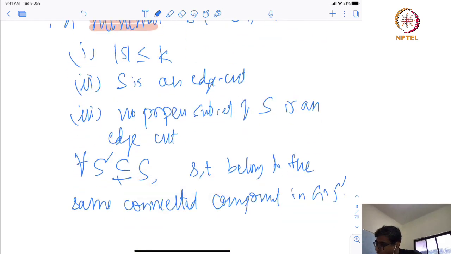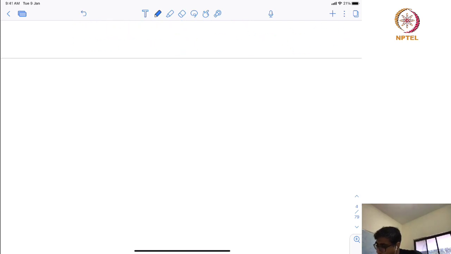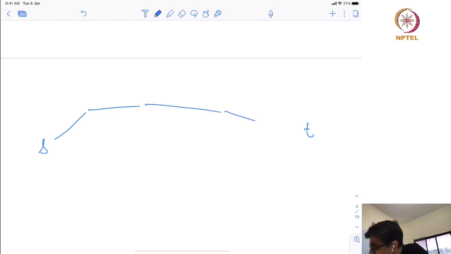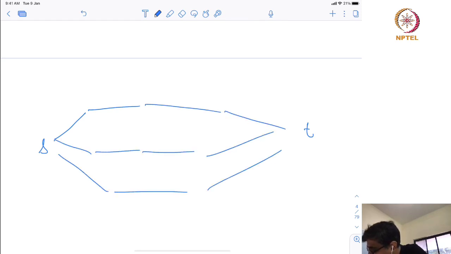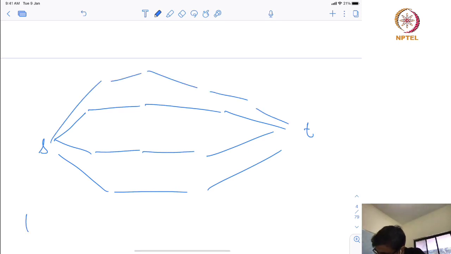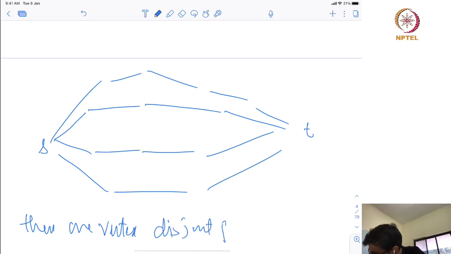That's it. So these are called minimal ST cuts. Now if I ask in a graph how many minimal ST cuts of size at most k are there? You notice, suppose my graph consists of some S and T, and there are vertex disjoint paths.